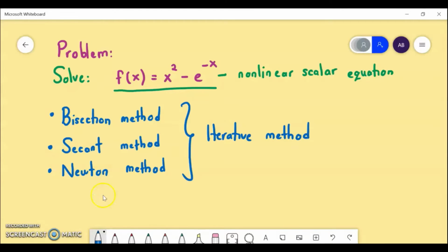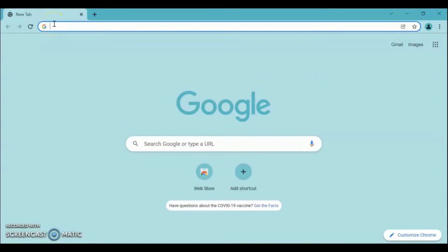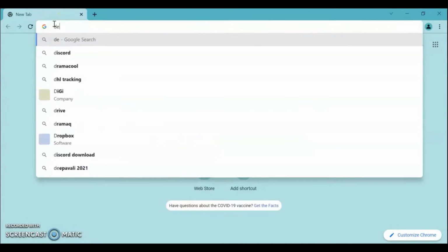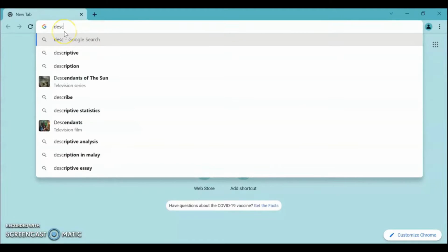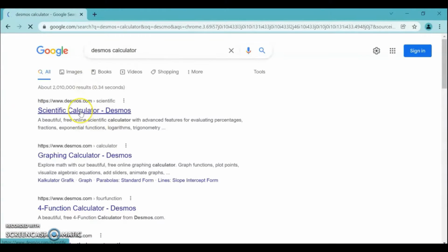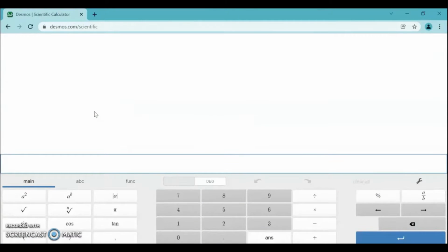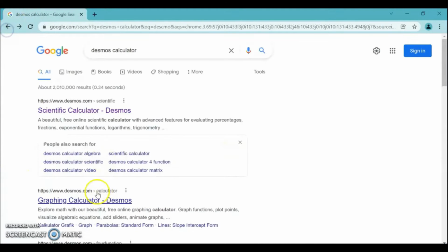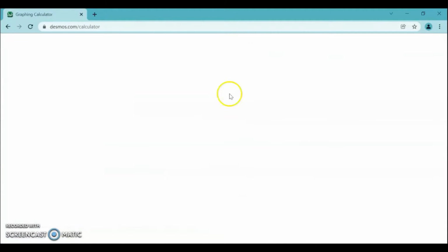So by a quick search, I can look at producing this graph using Desmos. I like to use the Desmos graphing calculator. Yeah, this one. To plot it, there's another one called the graphing calculator.